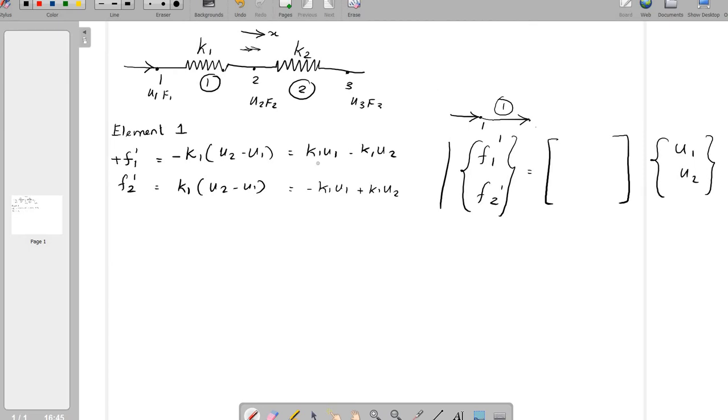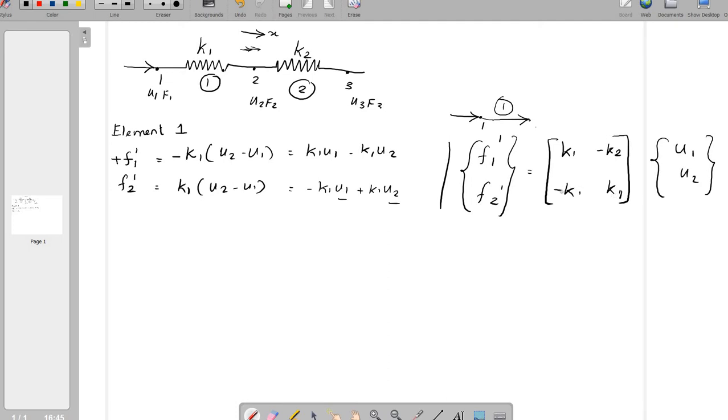From the first equation, K1 is the coefficient of U1 and minus K1 is the coefficient of U2. From the second equation, minus K1 is the coefficient of U1 and plus K1 is the coefficient of U2. So we have arranged in matrix format.